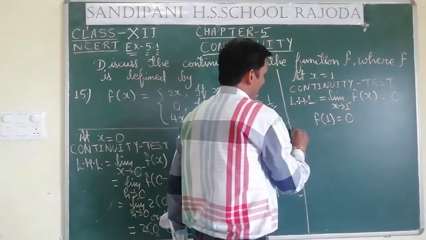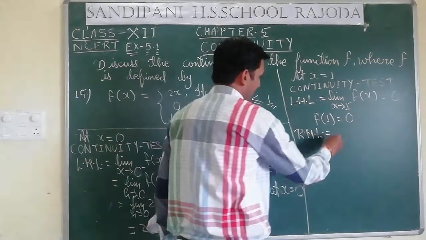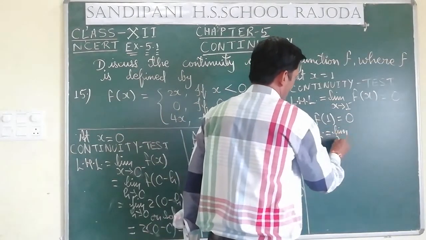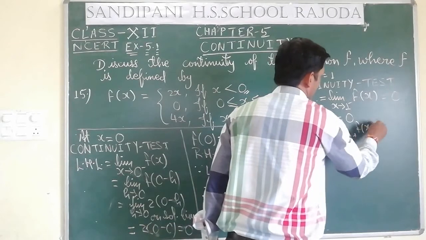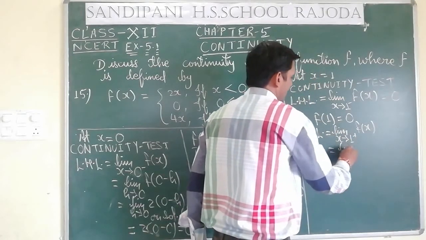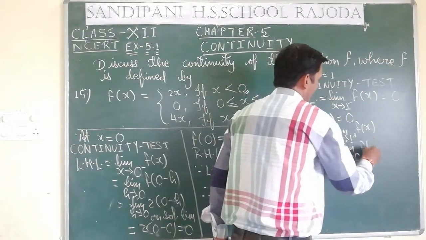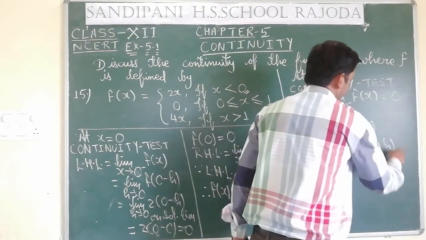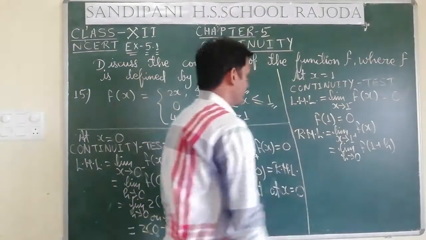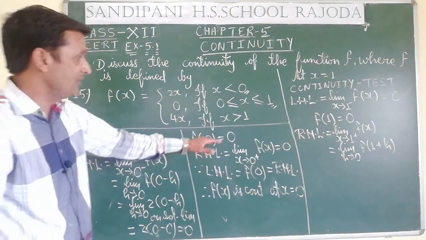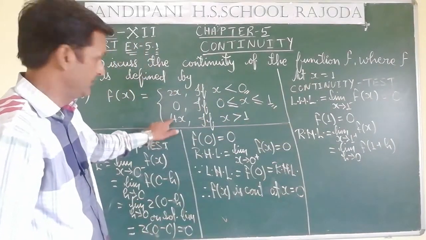Now we have to solve RHL. See RHL, limit x tends to 1 plus f of x, that is equal to limit h tends to 0 f of 1 plus h. See, limit h tends to 0 f of 1 plus h. 1 plus means what? Greater than 1. For greater than 1, we have to apply this 4x.